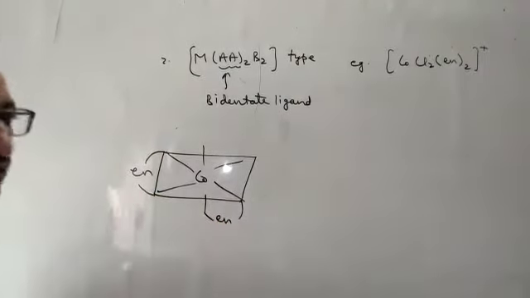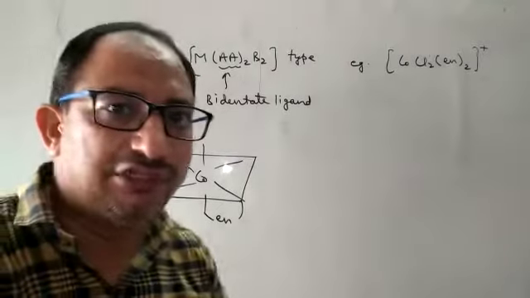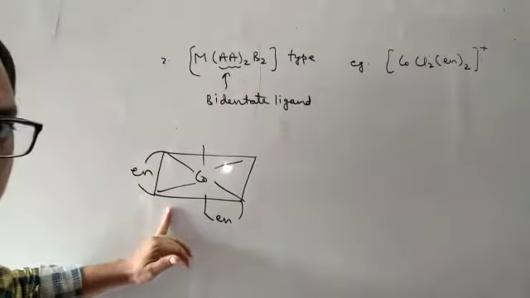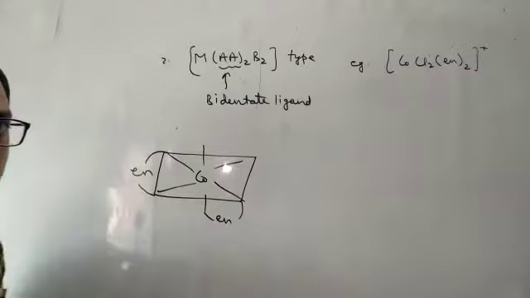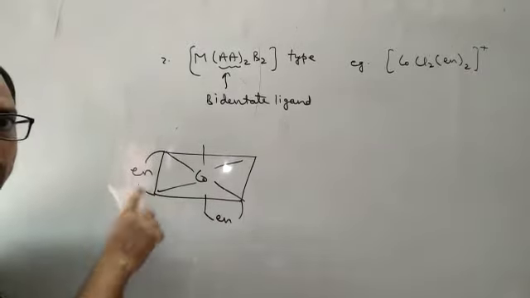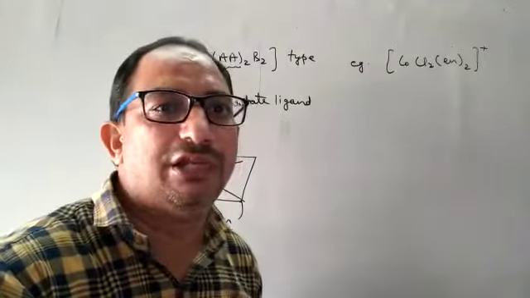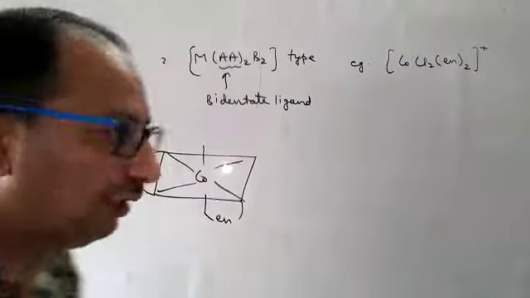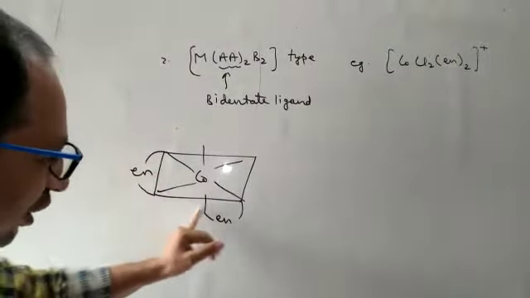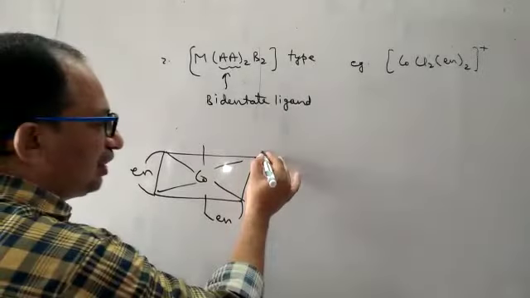The most common mistake committed by students is drawing en at opposite positions. If we draw en like that, it means one side gets 4 electrons, which is not possible. An orbital can accommodate a maximum of 2 electrons only. So adjacent positions are 1, 2, 3, 4, then this is 5, 6.